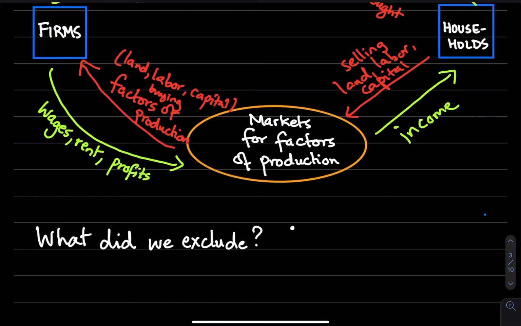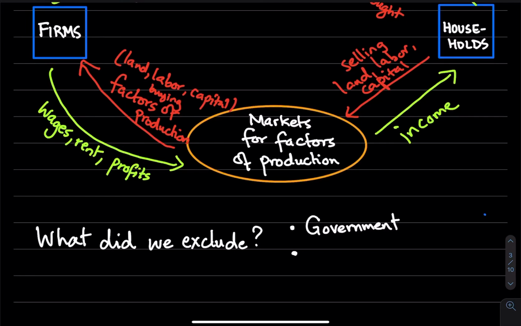Okay, so obviously we know that we are not talking about the role of the government here. Okay, so in practice you can think about income being taxed, and then the government using those tax dollars to get public goods or pay for education, national defense, or healthcare.